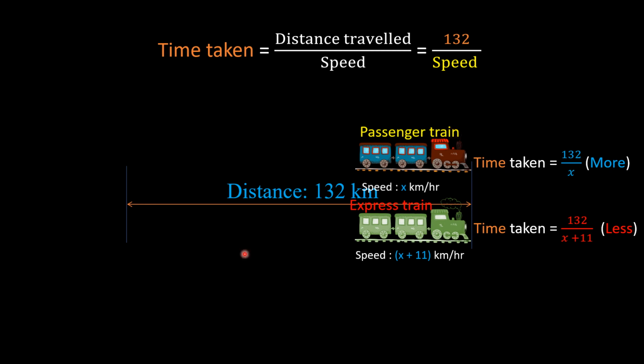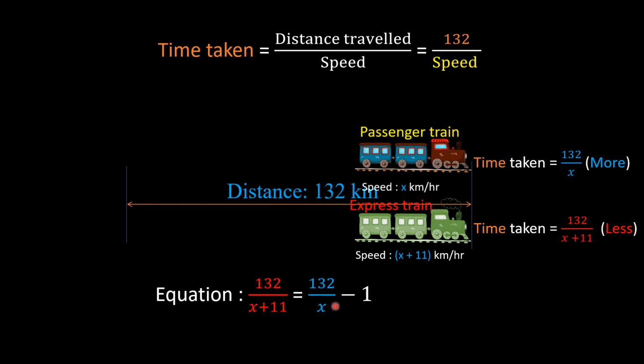Now, according to the condition given in the problem, we will form our equation. The time taken by the express train is 1 hour less than the time taken by the passenger train. Now time taken by the express train is 132 divided by x plus 11, equals time taken by the passenger train, which is 132 divided by x, minus 1.